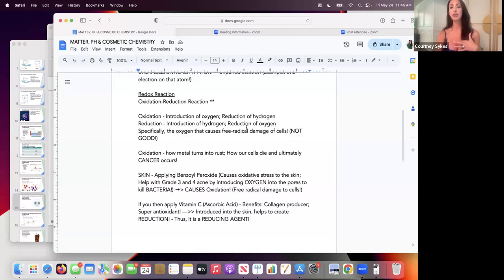And remember what a reducing agent does, causes reduction, which is the introduction of hydrogen and the reduction of oxygen. So ultimately, while we have all this free radical damage that can occur to our skin, to our hair, to our nails, to our bodies that ultimately produce those effects of beautification or the lack thereof for hair, skin, and nails, we want to make sure that we are introducing a lot of antioxidants into our bodies.